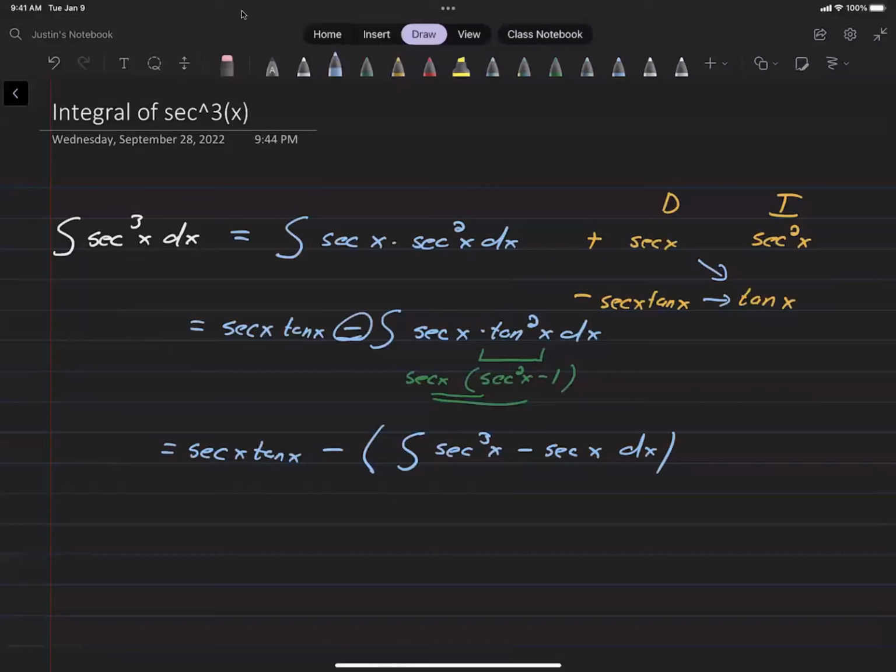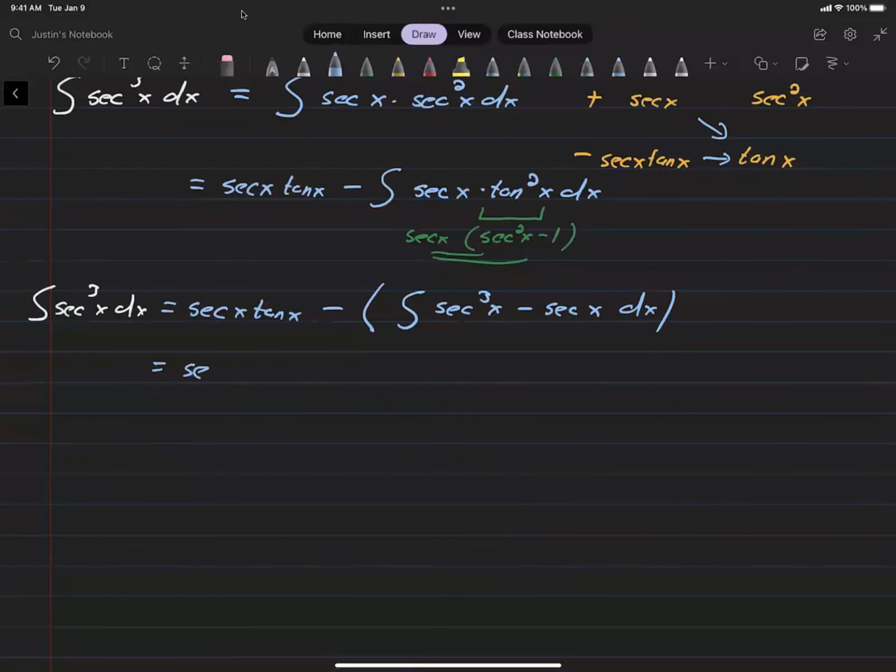This guy here, we wanted to send it through, so we'll change both of the signs on the inside. But if you notice, remember on the left-hand side here in white, we still have the integral of secant cubed. That's what we were trying to integrate. Got a secant cubed dx here, a secant cubed here. We've got a repeating case. So let's try to clean this up a little bit, and then we can solve for it.